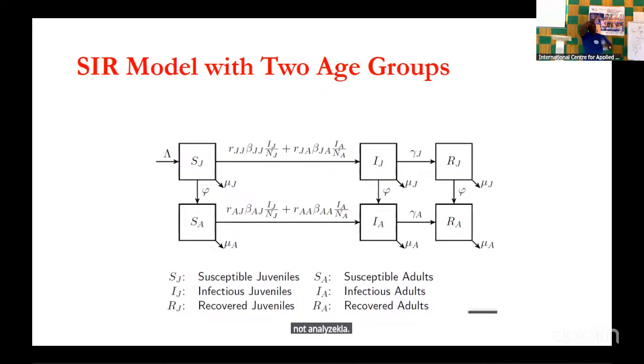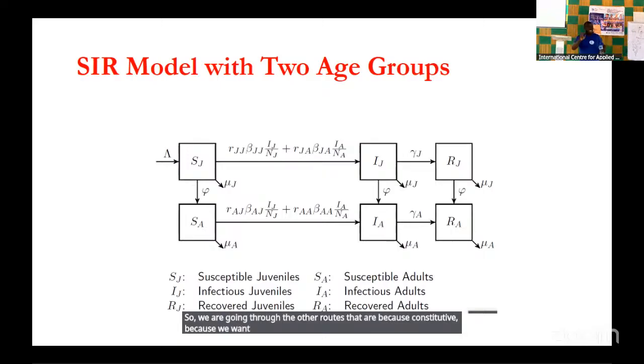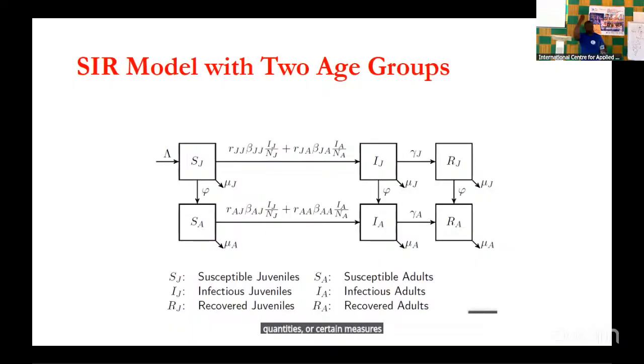The other one is quantitative, where you will not go through all those routes, because the quantitative is to satisfy the policy-driven model. It's a policy-relevant model with a policy-relevant question. You become quantitative because you want to quantify certain quantities or certain measures to be able to convince your policy makers.